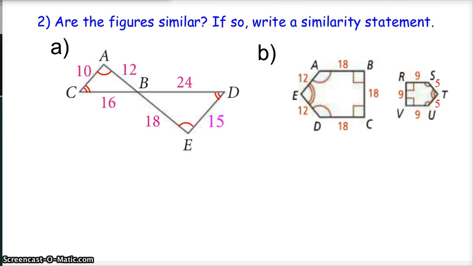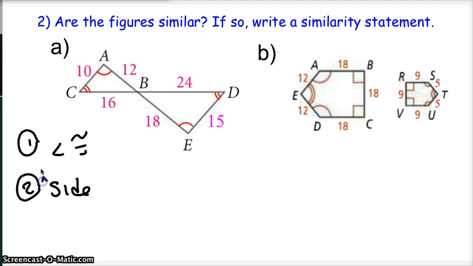So number 2 is asking, are the triangles similar? If so, write a similarity statement. In order to determine if figures are similar, we need to first find two things. 1, are the angles congruent? And 2, are all the corresponding sides proportional? And this symbol represents proportional.